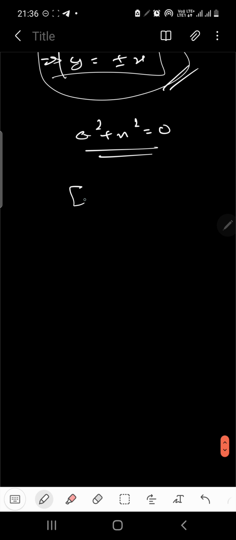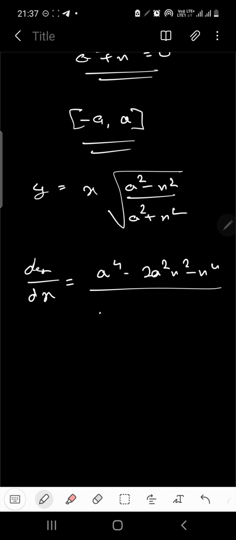Domain will be the same, minus a to a. Here it will be including the endpoints. Domain will be the same. Clear? Further, if we check the increasing and decreasing portions, your y becomes x root over of a square minus x square over a square plus x square.